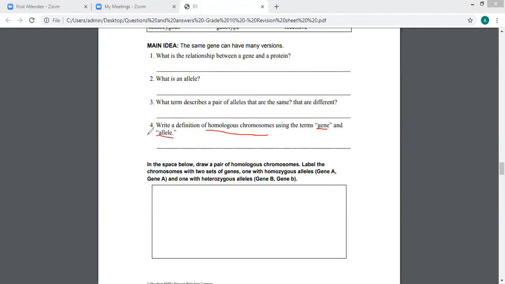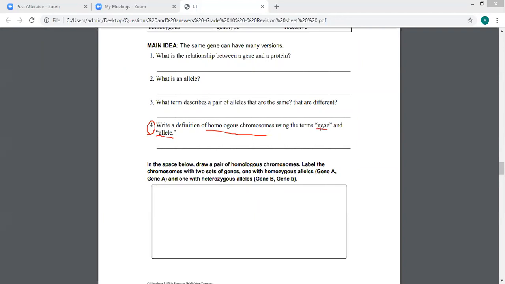Again, number four asks about the definition of homologous chromosomes, but the definition includes gene and allele. Firstly, we know that homologous chromosomes are similar, they carry the same gene, one inherited from father and the other inherited from mother. But we will write another definition to answer this question, including gene and allele.